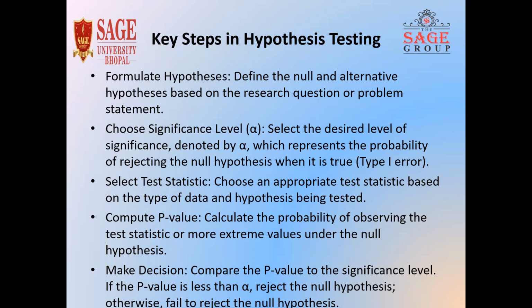The next is make decision. In this, we compare the p-value to the significance level, that is alpha. If the p-value is less than alpha, then we reject the null hypothesis. Otherwise, if the p-value is greater than alpha, then we fail to reject the null hypothesis.